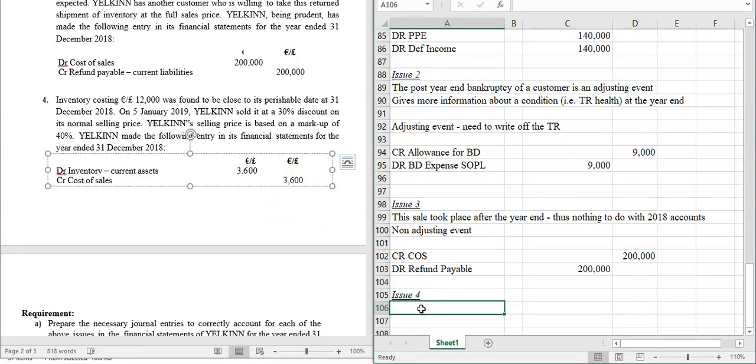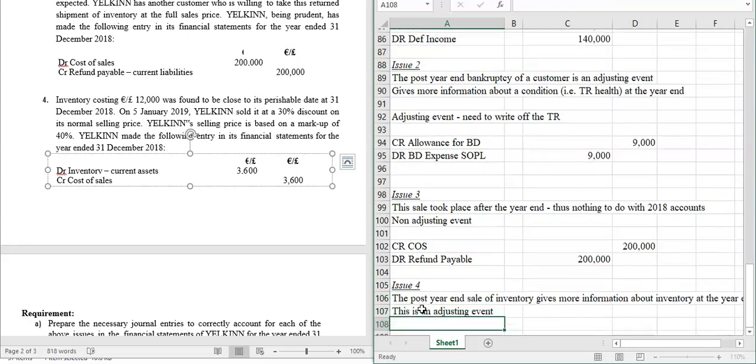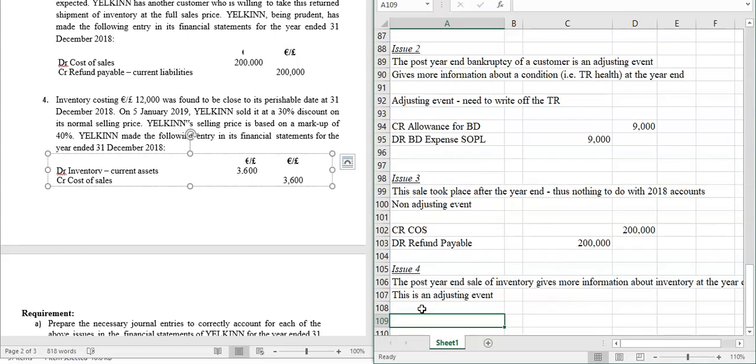So what we want to say here is the post-year end sale of inventory gives more information about inventory at the year end. So this is an adjusting event. It's an adjusting event because it gives you more information that this asset might have been written down at the year end.